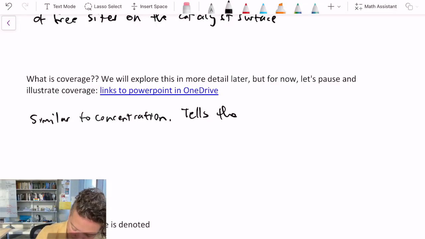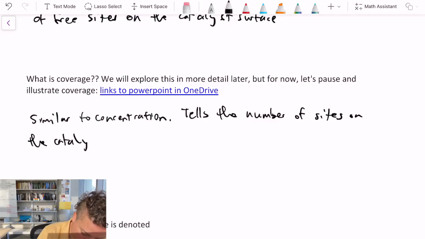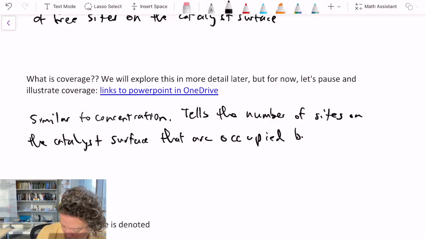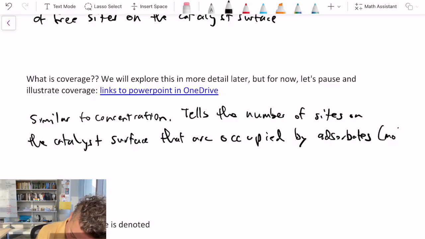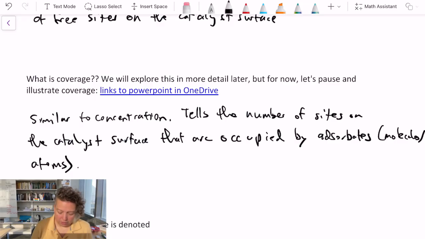We'll say the number of sites on the catalyst surface that are occupied by adsorbates. So adsorbates are atoms and molecules that have formed bonds with the catalyst surface.